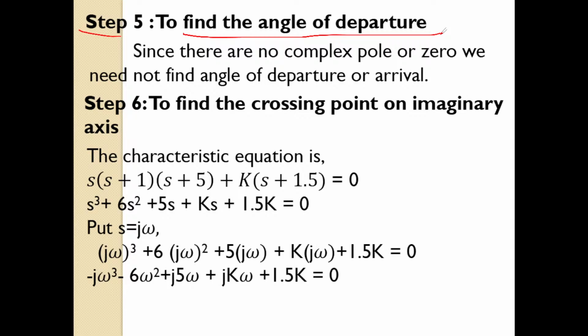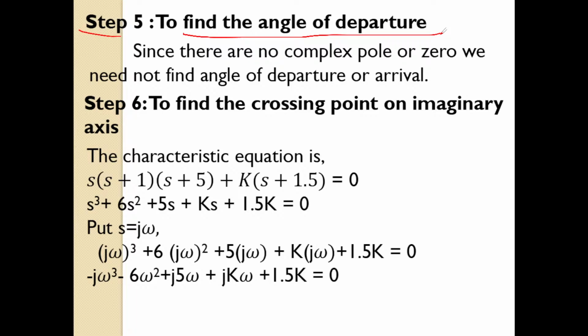So this is the root locus for this given problem. I have not put the arrow marks. This is the root locus path from P3 to Z1. Another root locus is from P2. It will travel from P2 to the breakaway point.